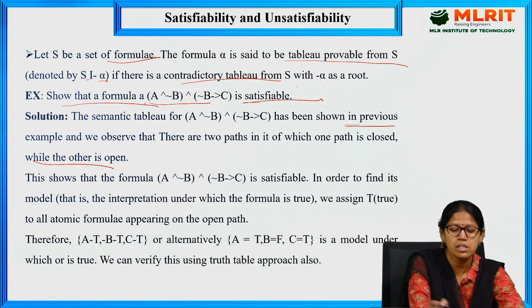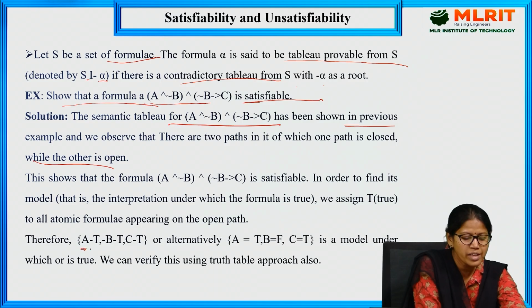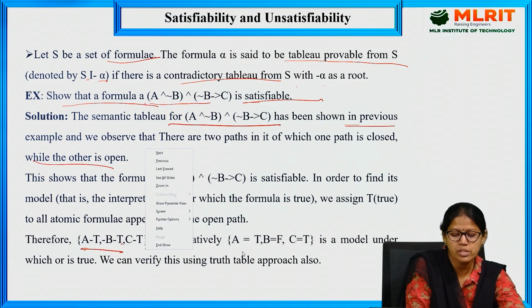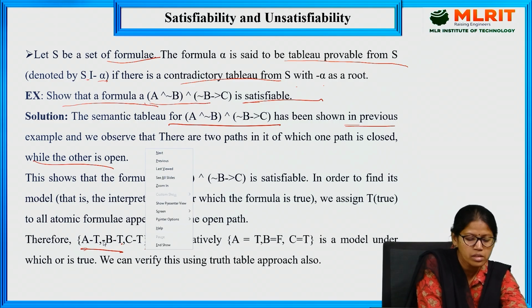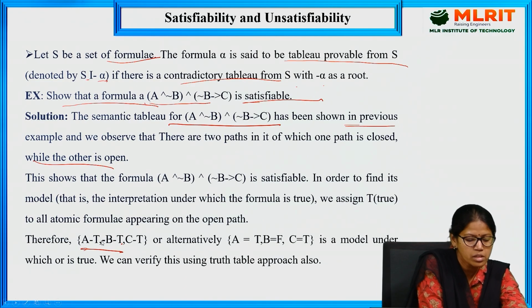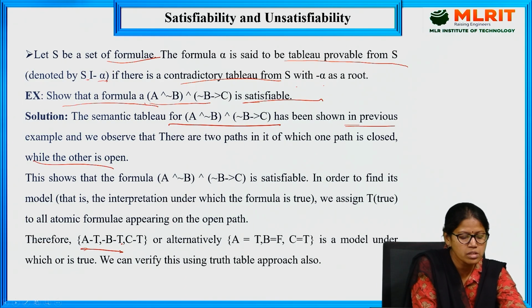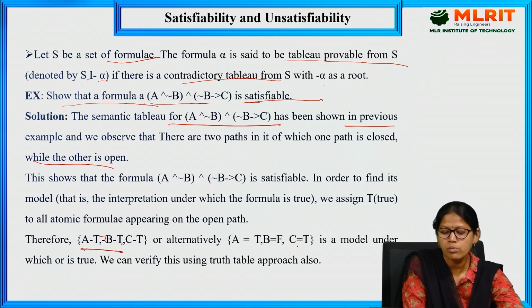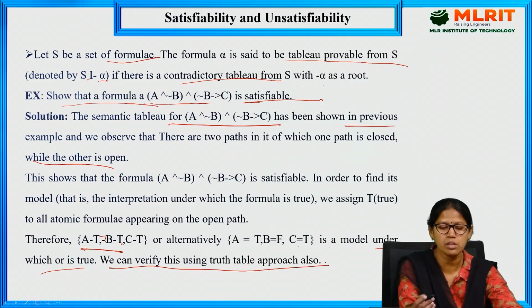That's why this formula is satisfiable. So here A equal to true, B equal to true, C equal to true. Otherwise we can write negation B is true, A equal to true, B equal to false, C equal to true, which is a model under which it is true. We can also verify this using the truth table approach.